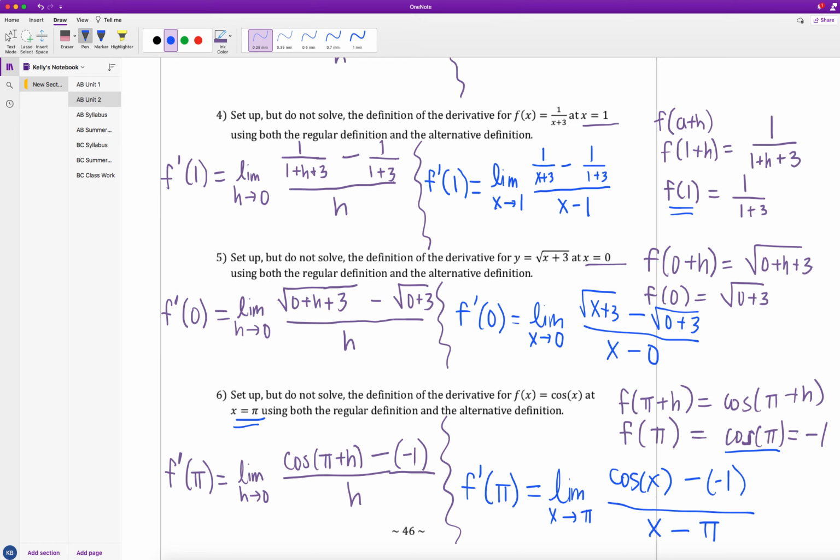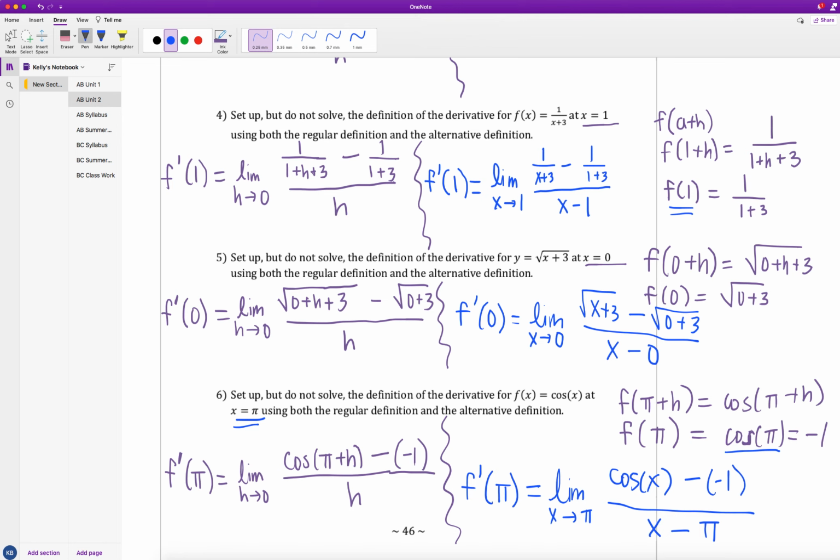And I know I said earlier that although we won't be doing a bunch of definition of derivative problems, the reason I bring these up is that this is another way to take limits. And sometimes on a learning check, you might get a limit that's really representing the derivative of a function.